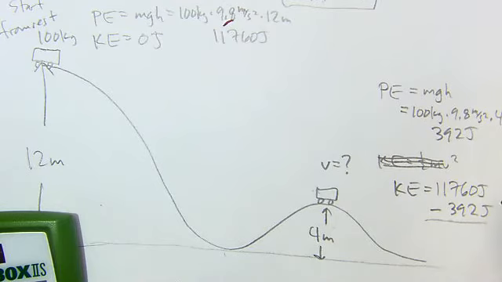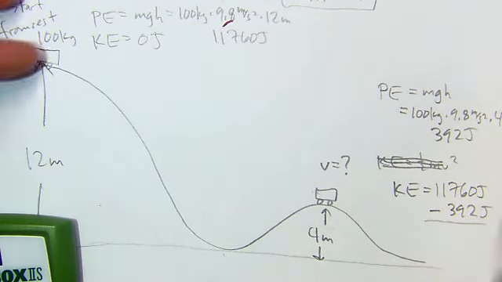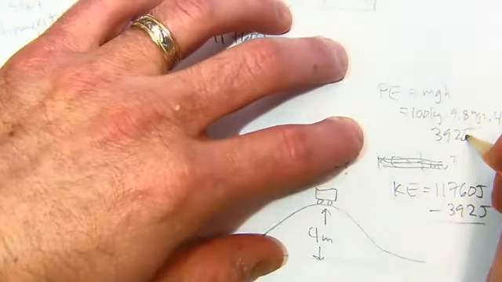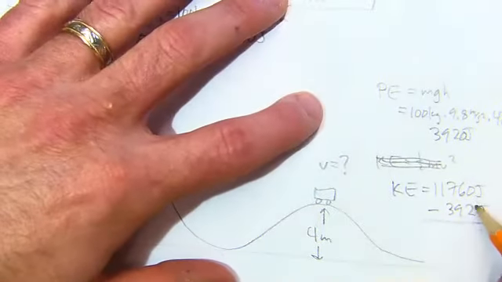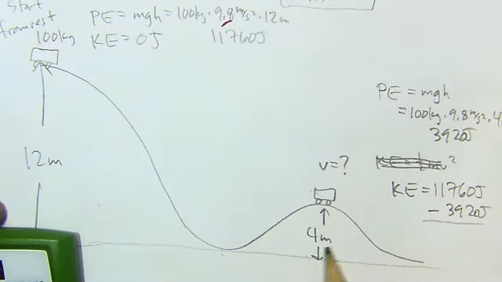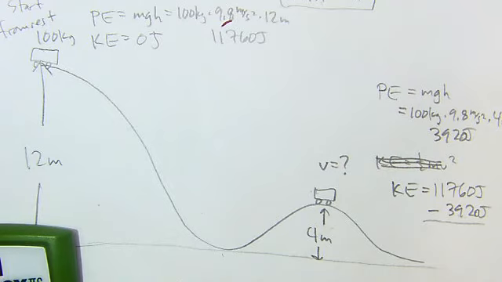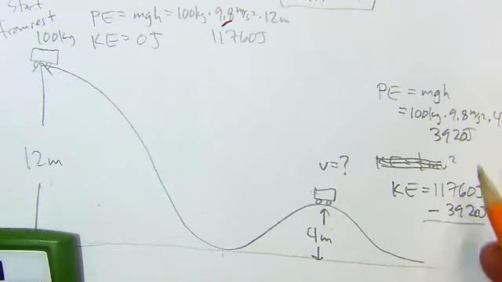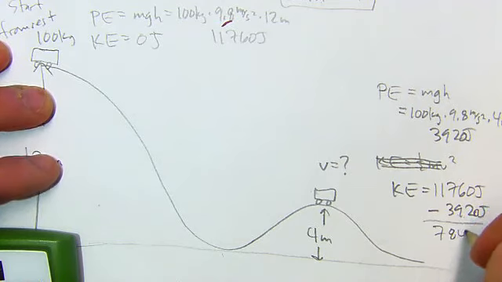Yeah, sorry, this is actually 3920. I missed a 0 there. Makes more sense, because I really should have a quarter. I knew this should be a quarter of this. That's how I knew something looked fishy there. Okay, so you're left with 7840, right?